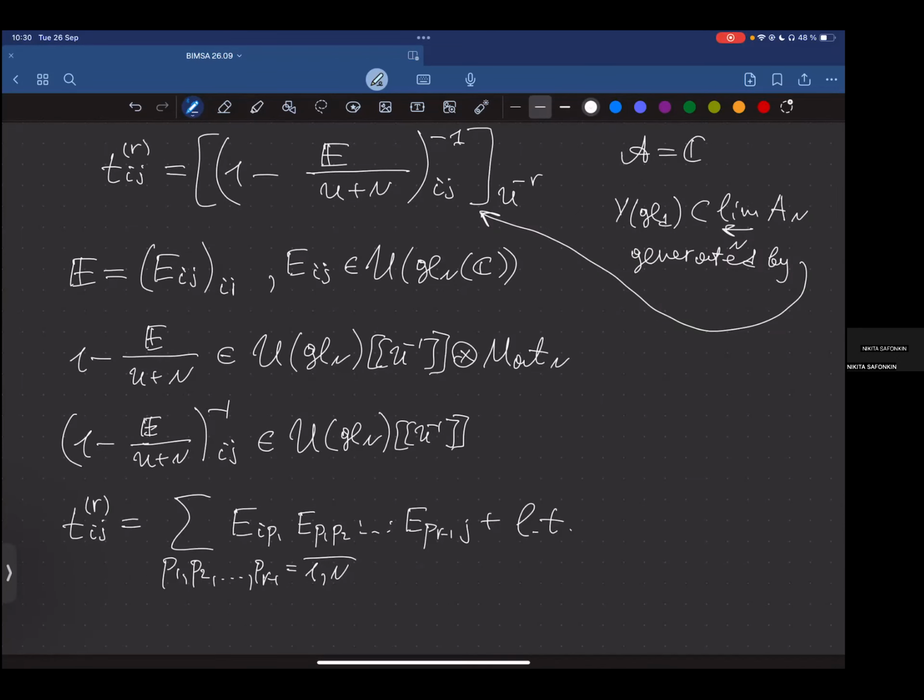Lower terms, by this I mean lower terms in the sense of the PBW filtration. So that was all that I would like to say about this special case when A is just the field.